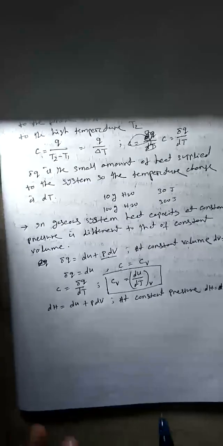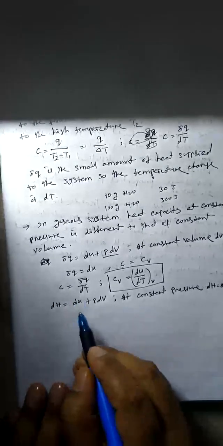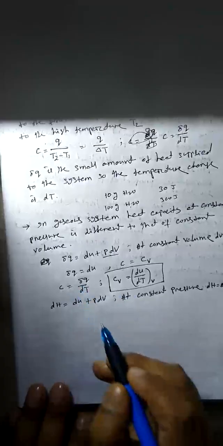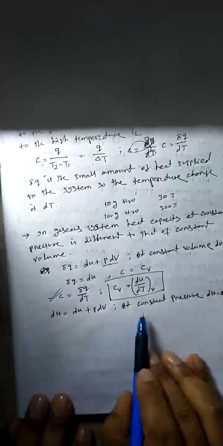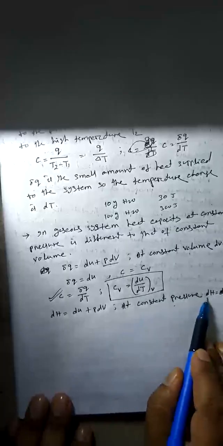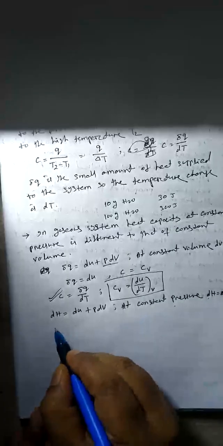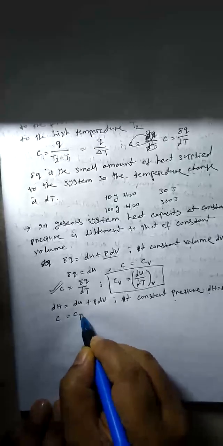So in place of... we know that C is equal to del q by del T. This is the heat capacity that we know. But at constant pressure, dH is equal to del q and C is equal to Cp.